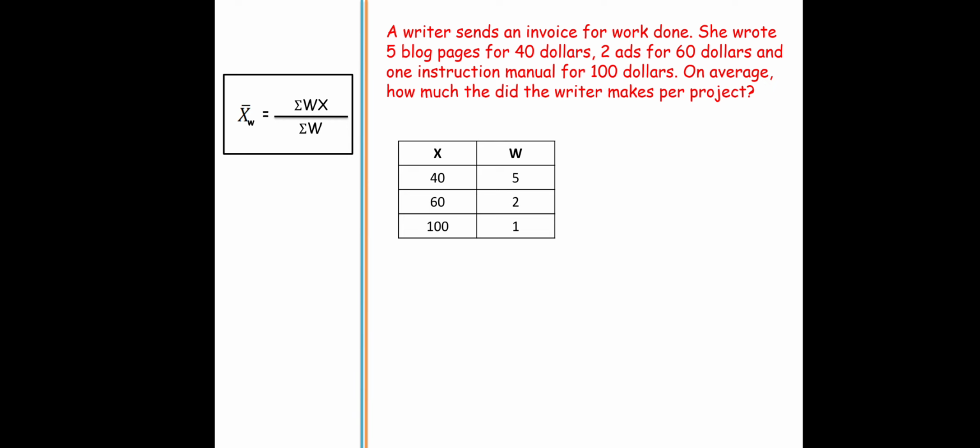So we need to multiply W with x, so we need to make one more column of Wx, and multiply the x value with the W value. She was doing 5 blogs for $40, so you multiply 40 with 5. So 40 multiplied by 5 is 200, 60 multiplied by 2 is 120, and 100 multiplied by 1 will be 100.